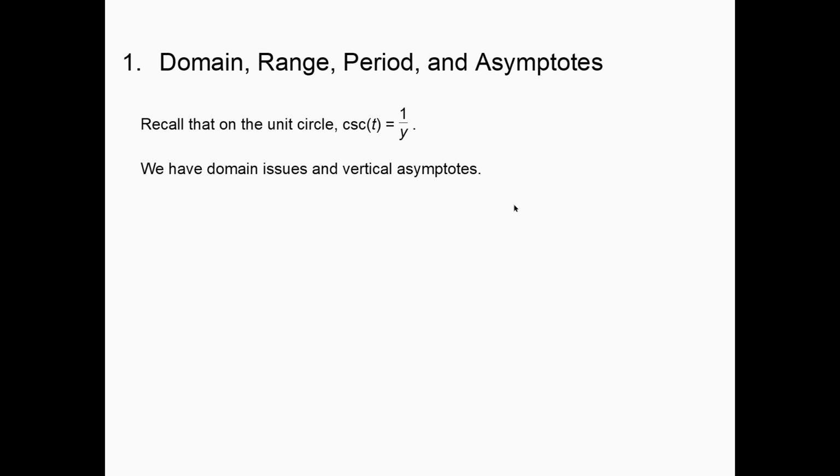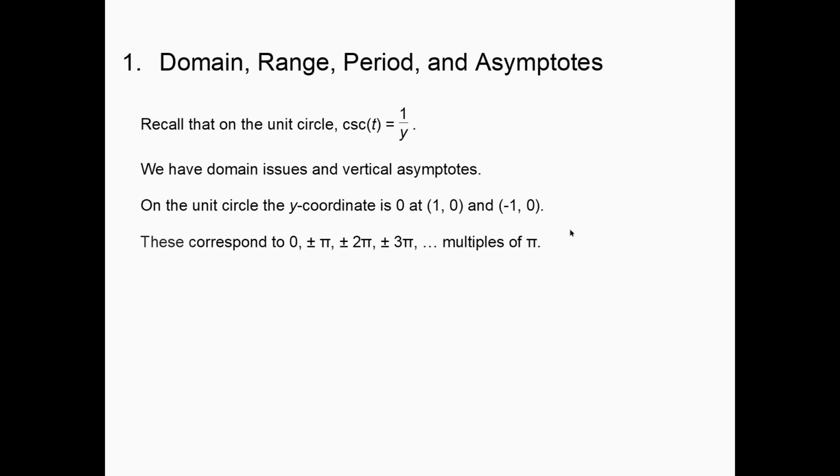On the unit circle, the y coordinate is 0 at (1, 0) and (negative 1, 0). That's 0, that's pi. Notice 0 is a multiple of pi. So it would be 0, pi, 2 pi, 3 pi, 4 pi, multiples of pi. So the cosecant of t is undefined when t is a multiple of pi. That means I have vertical asymptotes at x equals a multiple of pi.